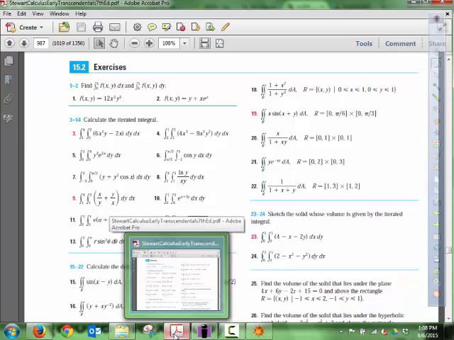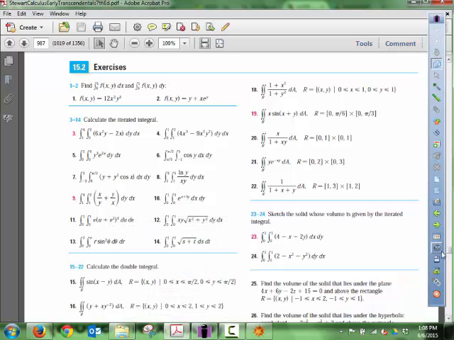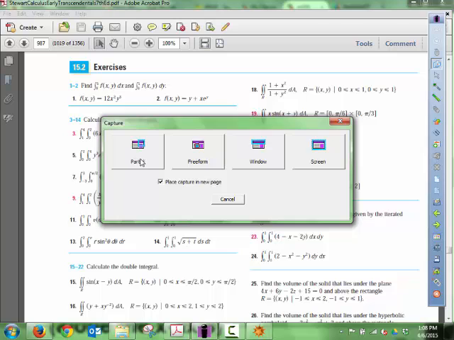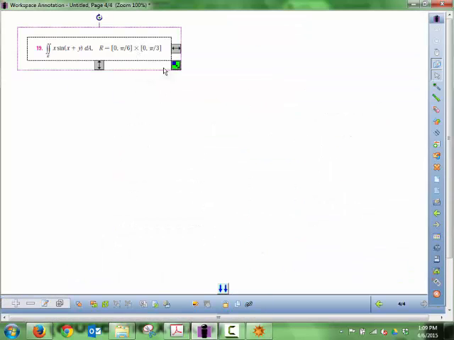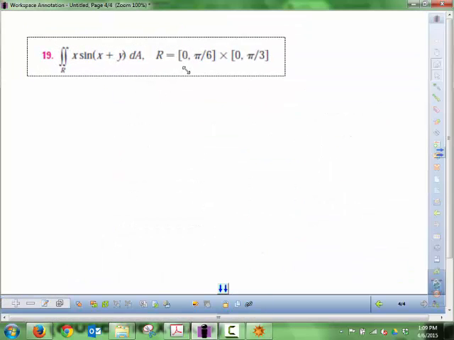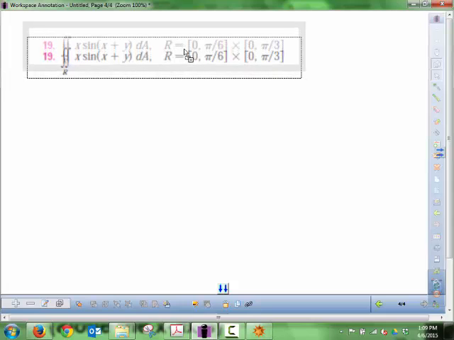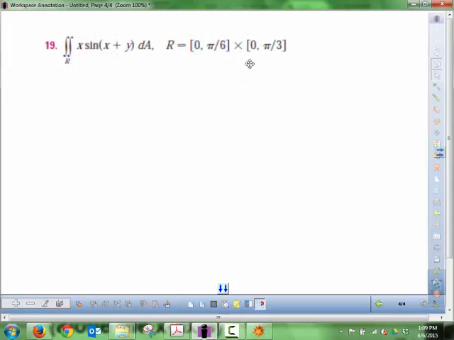Let's do number 19 then. It's a cross, but it's not the cross product, right? It's x by y, so limits for x and limits for y.